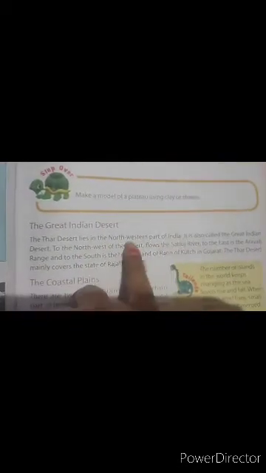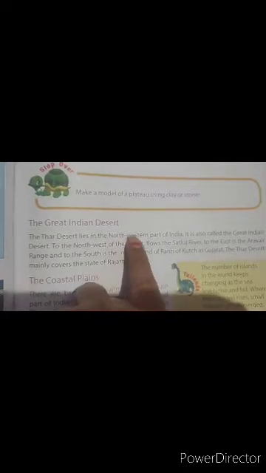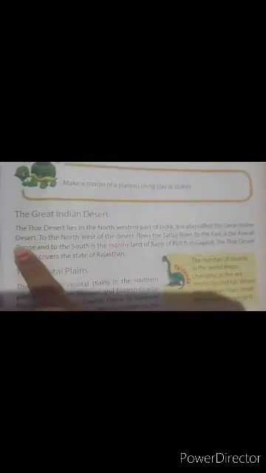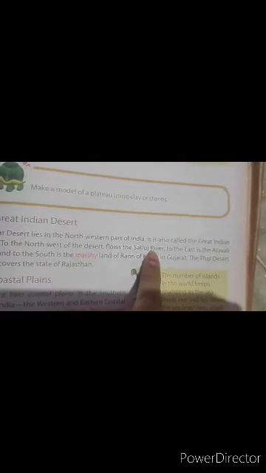This Thar Desert, where does it lie? It lies in the northwestern part of India. It is also called the Great Indian Desert. To the northwest of the desert flows which river? The Satluj River.